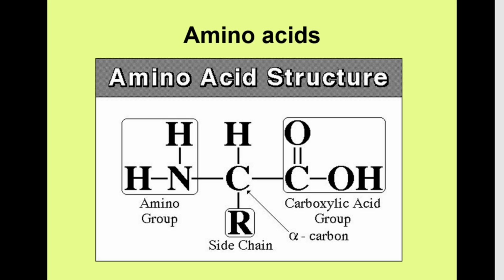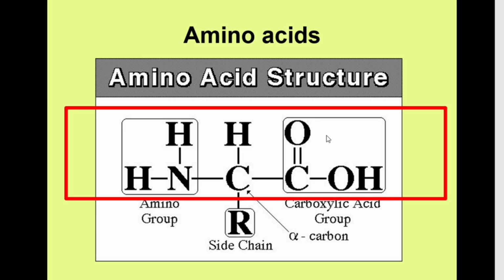So this carbon is bonded to a hydrogen here. And then here we can see it bonded to one of our functional groups, the carboxyl group or the carboxylic acid group. Over here, it's joined to an amino group or an amine group. So that is a nitrogen covalently bonded to 2 hydrogens. So we've got an amino acid.